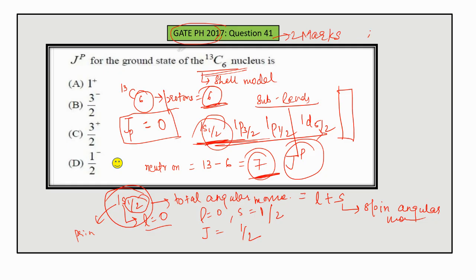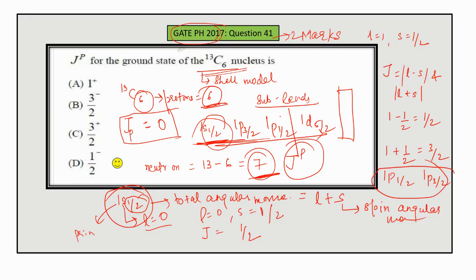Now take the other case when L is 1 and S is 1/2. J can have two values, L minus S and L plus S. 1 minus 1/2 is 1/2, and 1 plus 1/2 is 3/2. So we have 1p 1/2 and 1p 3/2. These are two states that are defined here. How many neutrons and protons can it accommodate? It will be 2J plus 1.